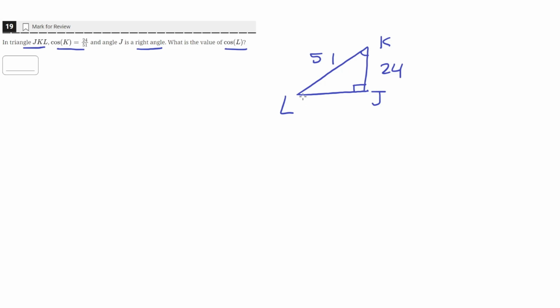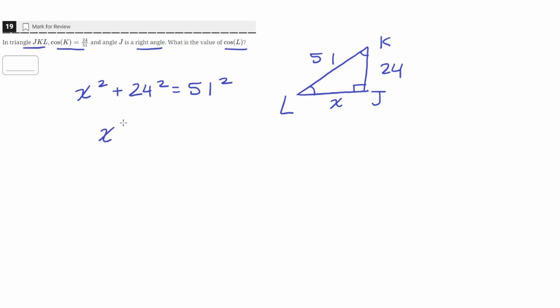And then to find the cosine of angle L, we need to find the length of this side right here. We'll call it x. So to find the length of x, we'll use the Pythagorean theorem, which says that x squared plus 24 squared equals 51 squared. The sum of the squares of the two sides equals the square of the hypotenuse.